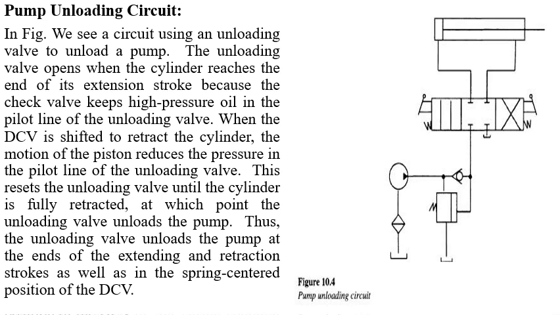Thus, the unloading valve unloads the pump at the ends of the extending and retraction strokes, as well as in the spring centered position of the direction control valve. This is the working of a pump unloading circuit, using an unloading valve to unload a pump.